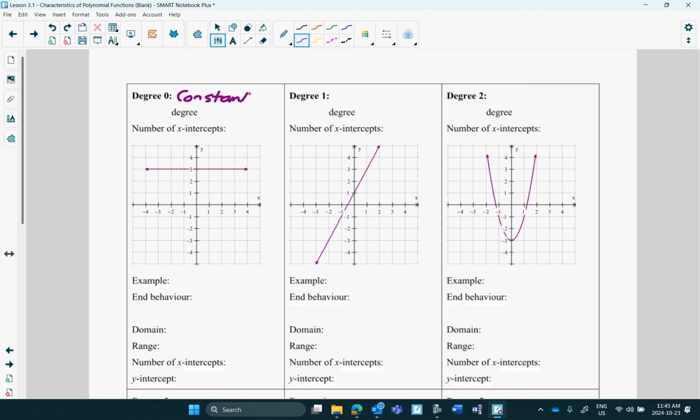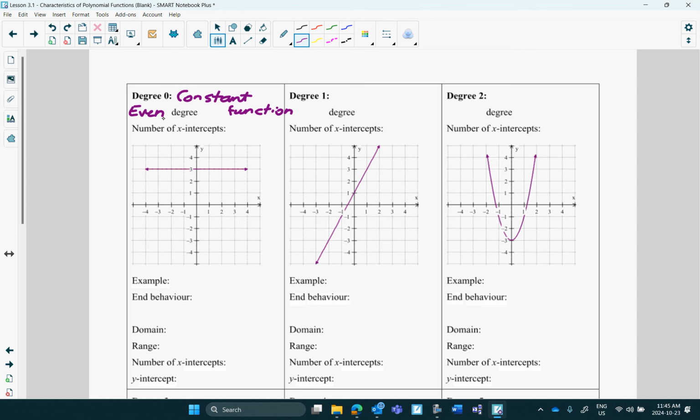Basically, it's a horizontal line. It is even degree. Notice that on the ends, it doesn't go up or down. It goes straight to the right, straight to the left.